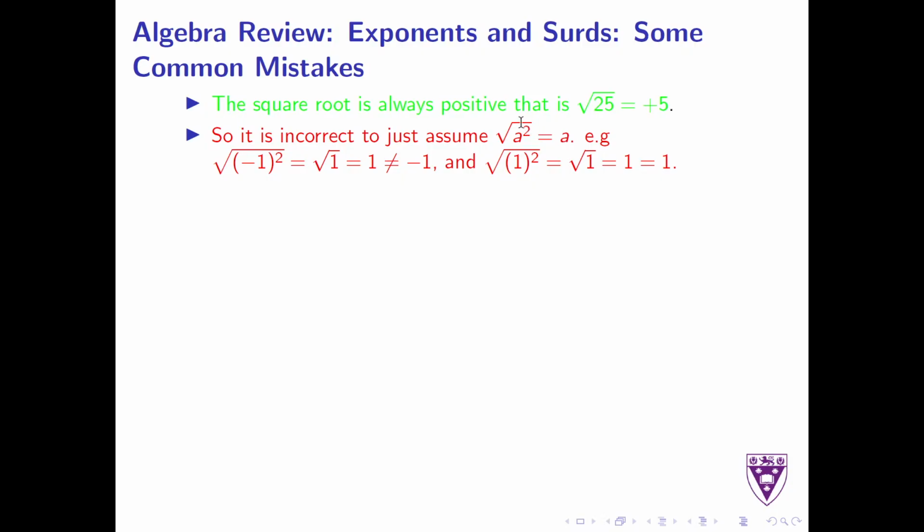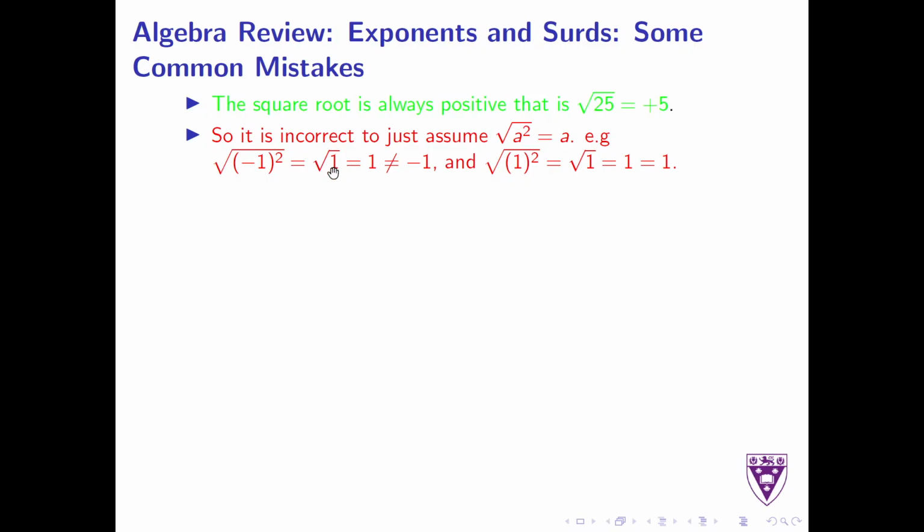Now, most people just assume that the root is going to cancel out the 2, and then you end up having an a. Is that even true? Let's double check. Suppose that my a is minus 1. If a is minus 1, minus 1 squared is going to be positive 1.